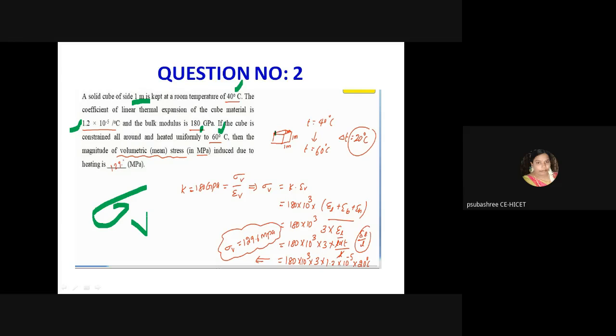So the unknown is the volumetric stress. How to calculate the volumetric stress?